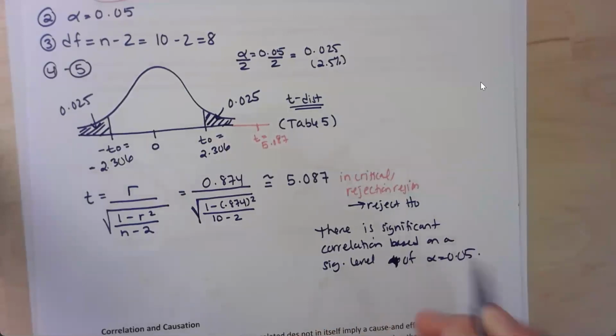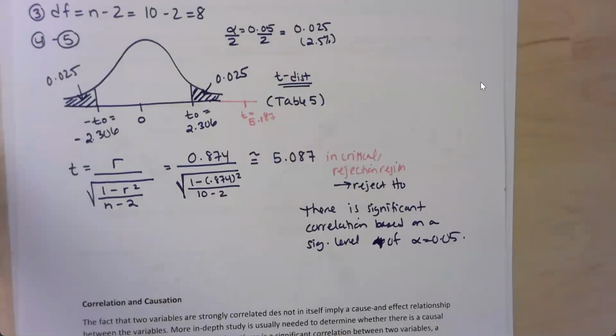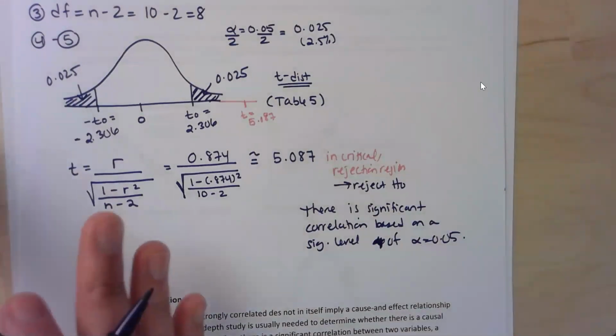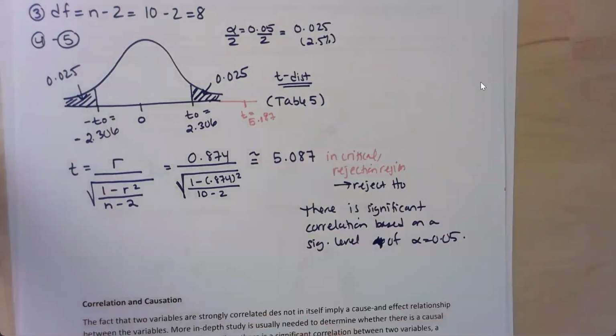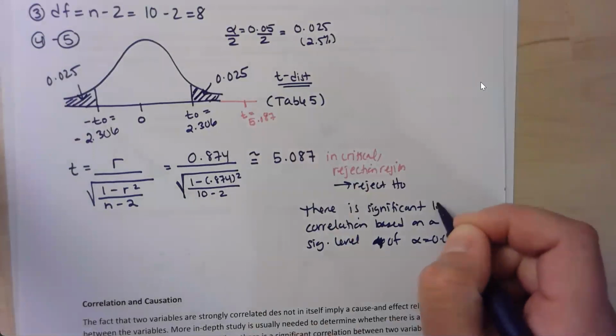Okay, so remember there is always a chance that we're wrong, but given all the data that we have here, it is showing that there does seem to be significant correlation in this case, or linear correlation, I should say.